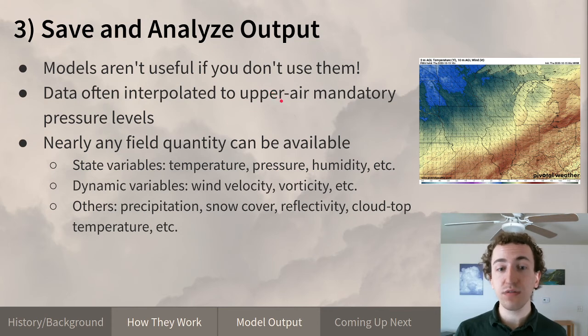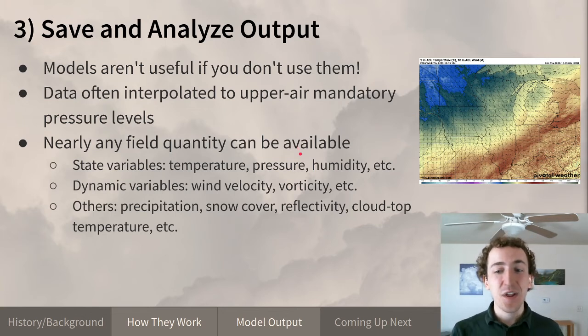That goes back to last video where we talked about upper air mandatory pressure levels. Part of the reason why we always want consistent observations on these levels is also because we look at the output of our weather models on these very same levels.